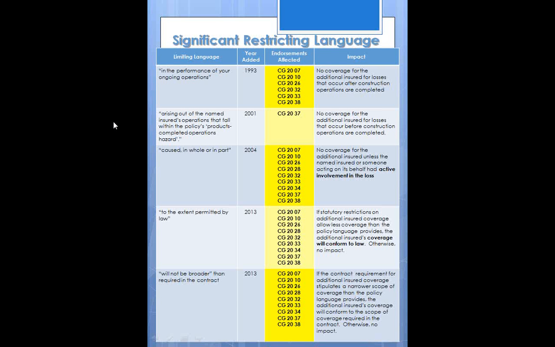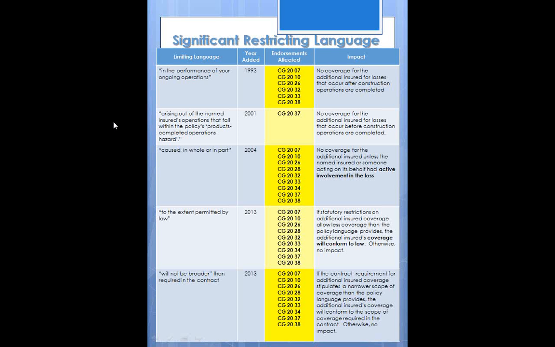But the 2001, how that worked is the 1985 CG 2010 actually became 2 endorsements. That one endorsement became 2 in 2001. It became the CG 2010 and the CG 2037.